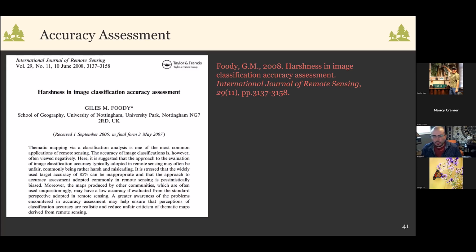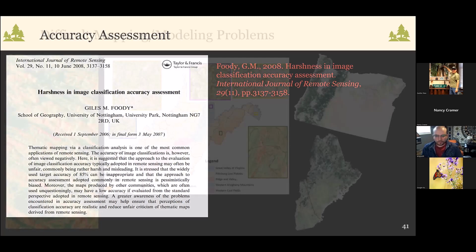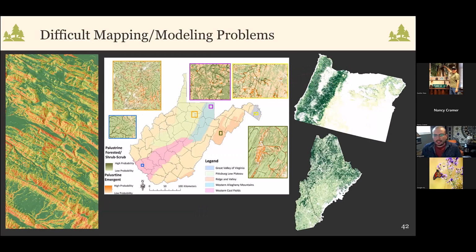I think that's an important thing that we need to recognize when we do assessment in remote sensing. That's also one of the reasons why I'm a pretty big proponent of using and providing not just hard classification output, but probabilistic output as a final product.